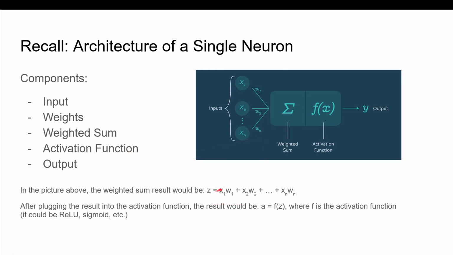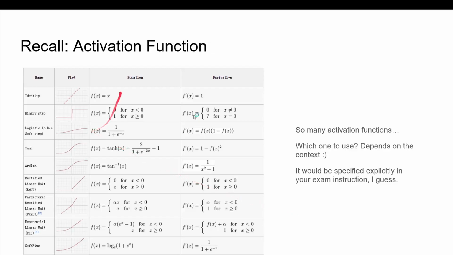After getting these z values, which are the result of the weighted sum, we plug them into the activation function, and the result is a, where f is the activation function I talked about before. There are several kinds of them: the identity, binary step, logistic, tanh, arctan, ReLU, PReLU, and so on.